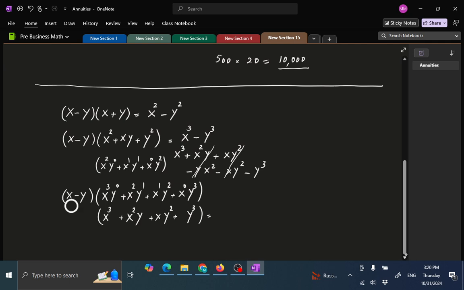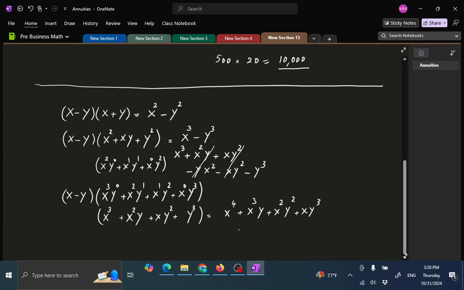Well, when I take x and multiply by all of these things, let me write the x first. So x to the power of 4 plus x^3 y plus x^2 y^2 plus x y^3. I multiply y by all of these things and write the y on the second entry.